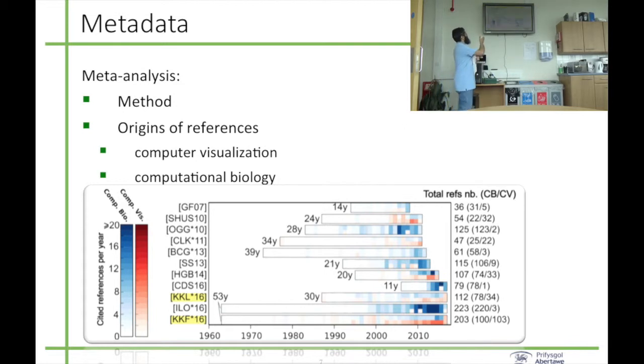Blue indicates computational biology, and red is used to indicate computer visualization works. Even though some works were published before 1980, the selected surveys focus mainly on the last 25 years.